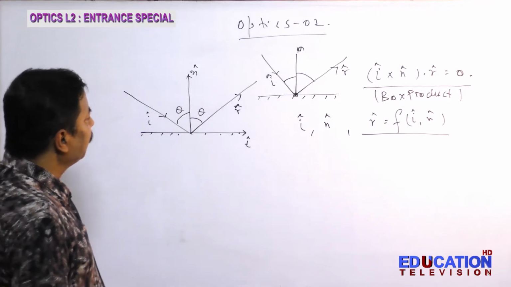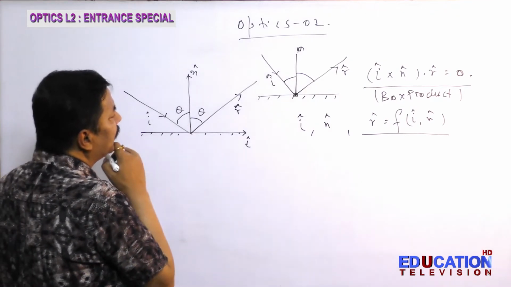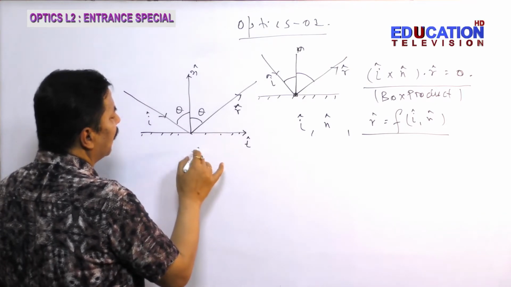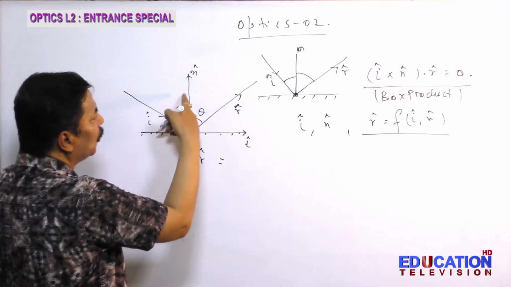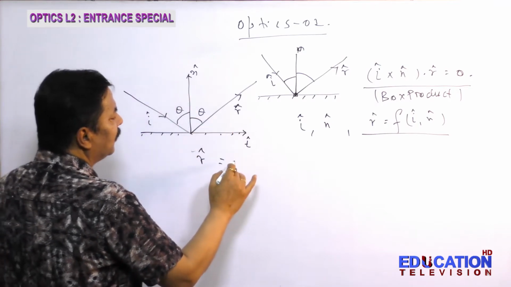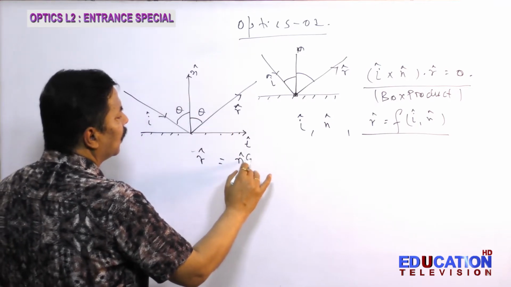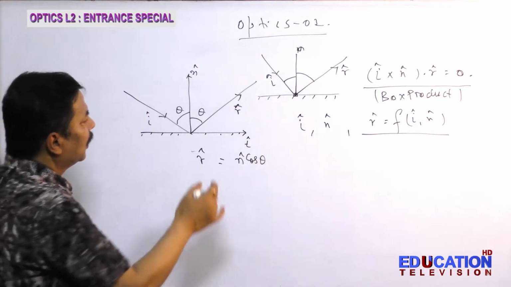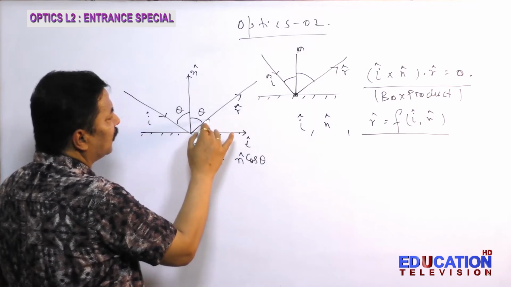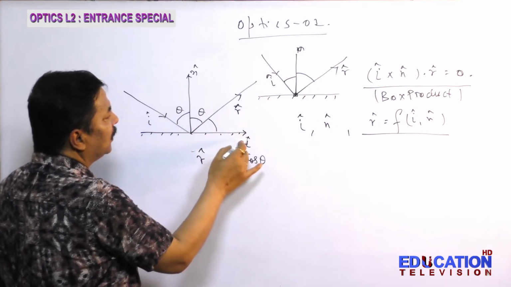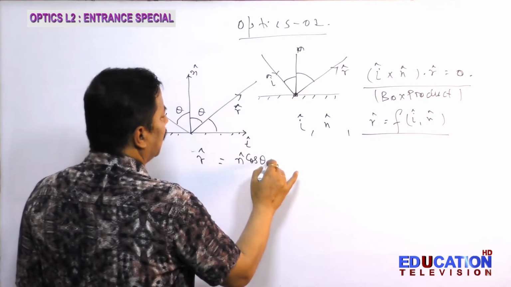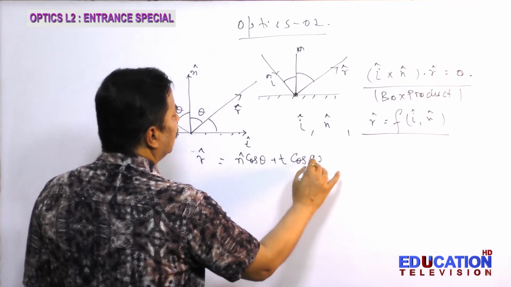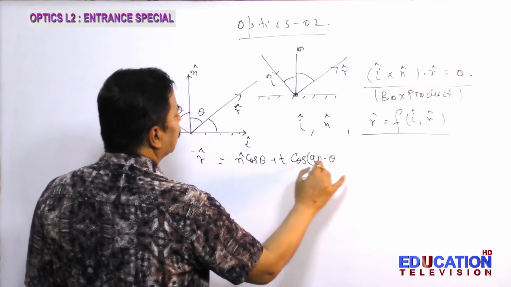if we take this r vector, it is equal to this component, that is n cos theta, and this vector, since this angle is theta, this one is 90 minus theta, so this becomes t plus t cos 90 minus theta.